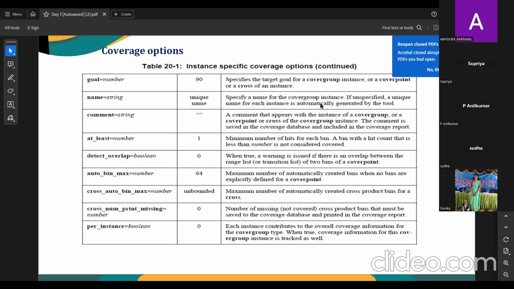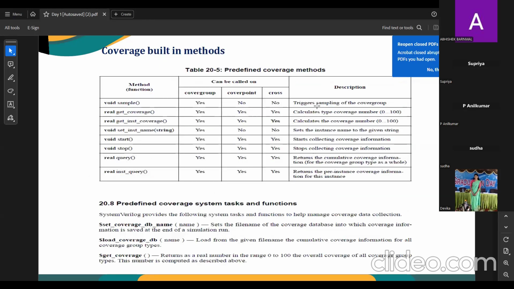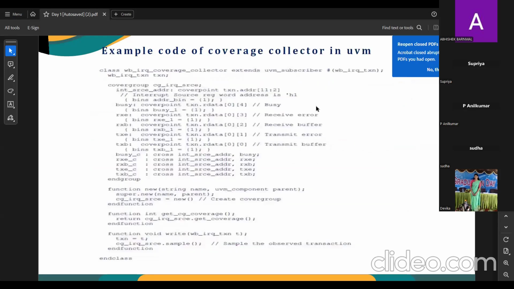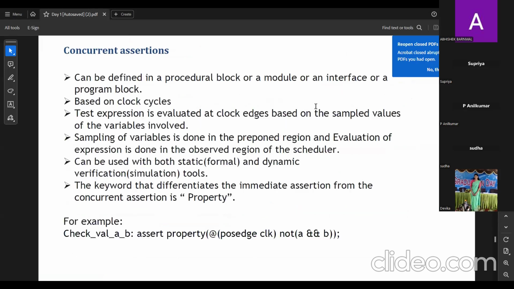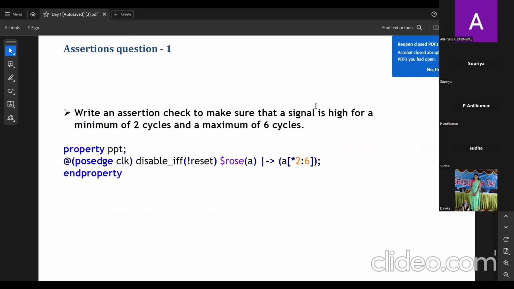That one bit can be 001 or 010 also. Yeah, any one bit should be 1, with the remaining all zeros. Correct, super.